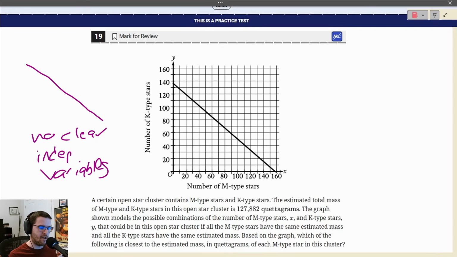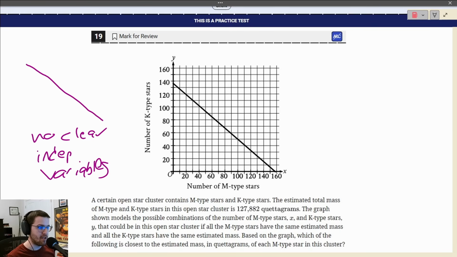It makes sense that time affects money or earnings, right? It doesn't really make sense that number of m-type stars affects number of k-type stars. Another example would be you got a farm and it's number of cows, number of horses. It's not really clear how they're related to each other, right? They kind of seem arbitrarily grouped. Like I could swap x and y and the problem would still make the same amount of sense, right?